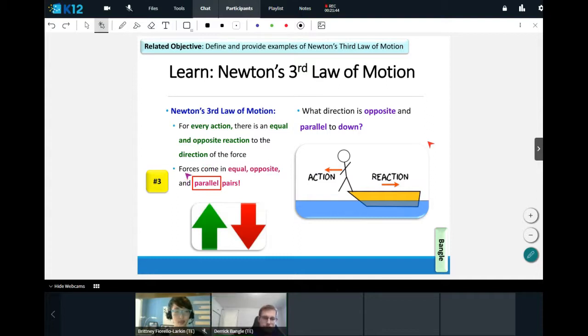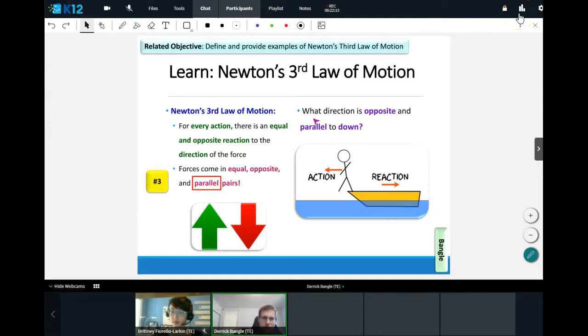So forces come in equal and opposite and parallel pairs. If I'm sitting in a chair with wheels on it and I push away from my desk with say 2 newtons of force, then I'm going to roll back with that same amount of force. All right. So for number 3, we're going to mark the word parallel.